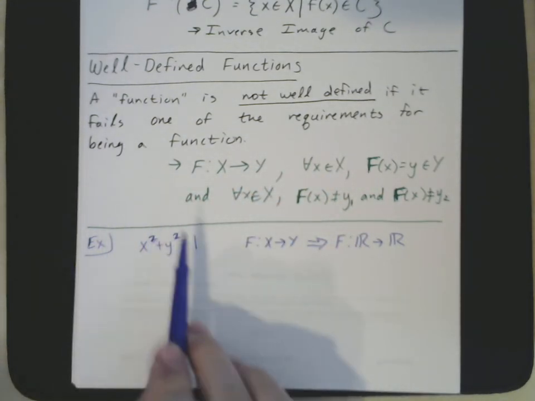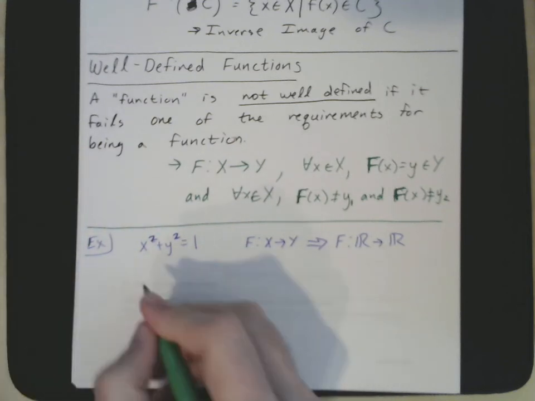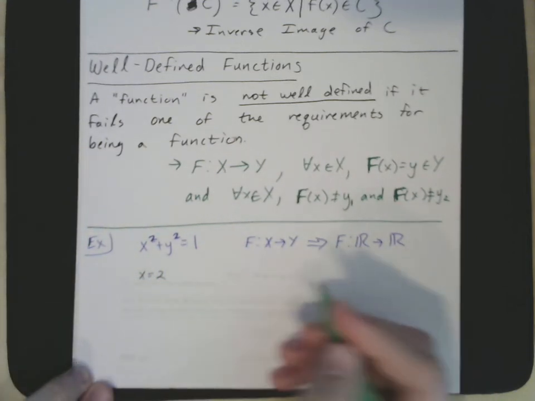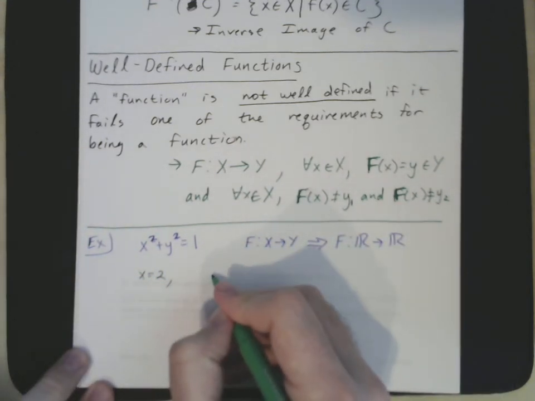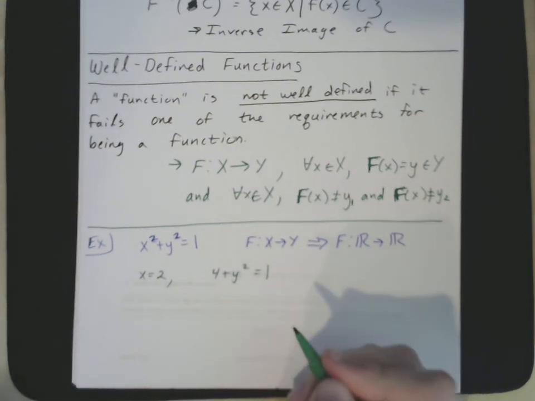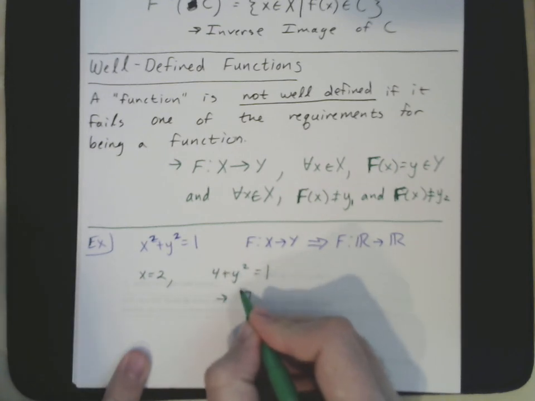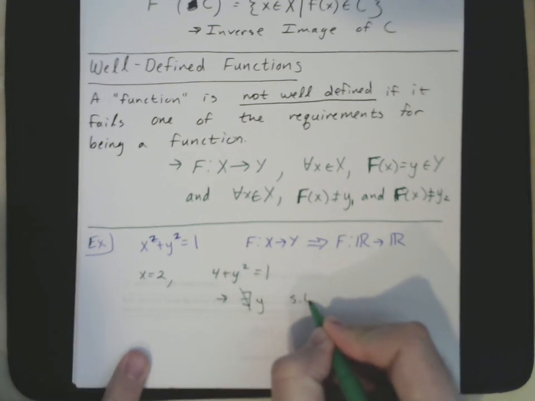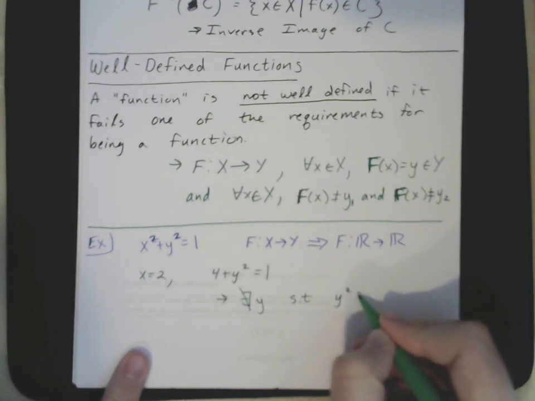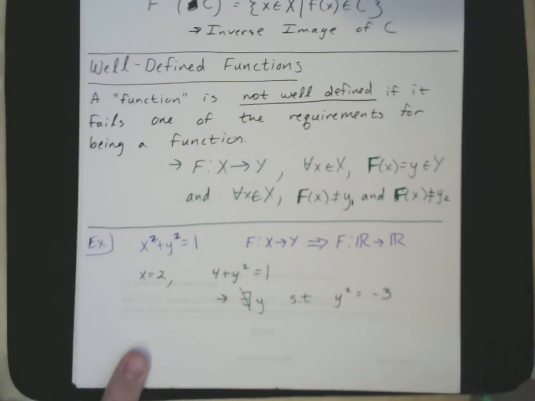Well, we know that this isn't well defined because we know that if x equals 2, for example, then we would have 4 plus y squared equals 1. There's no choice, or there does not exist a y, such that y squared equals -3, because that's what we would need.